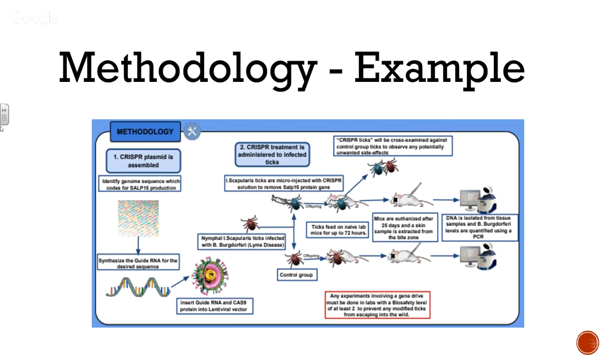Through the series of our methodology, we'll have our two groups. We didn't use a positive and negative control, but we have our control group and our experimental group. The experimental group is where we'll microinject the ticks with the CRISPR complex containing the specific RNA sequence that matches the DNA sequence that codes for the SLP15.